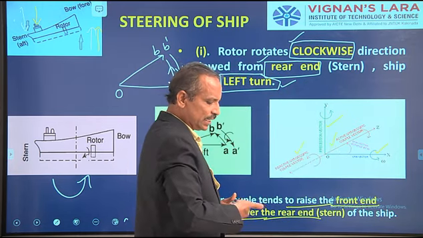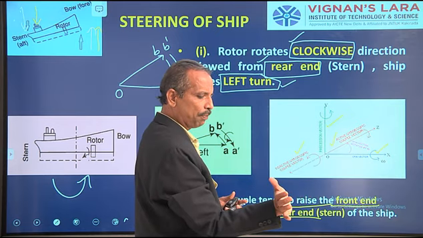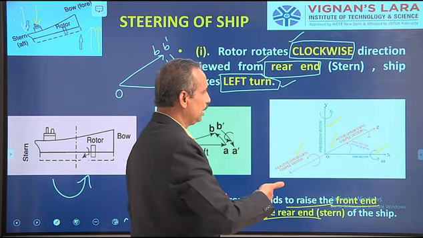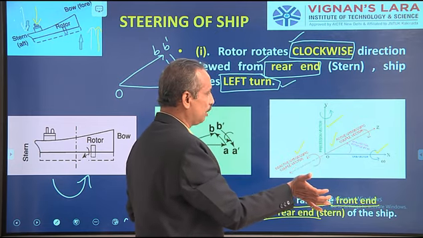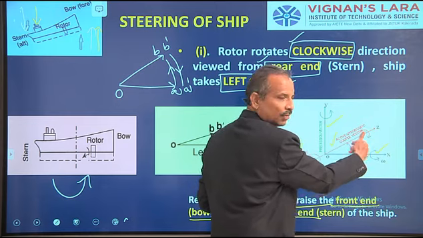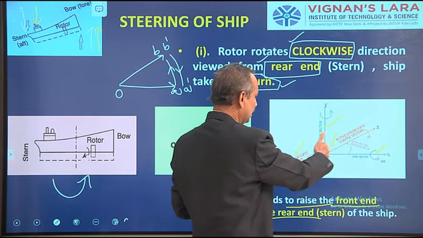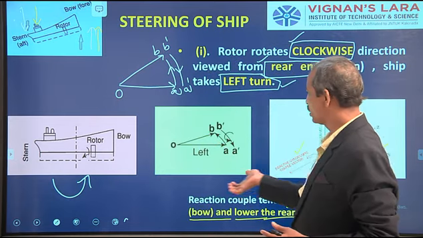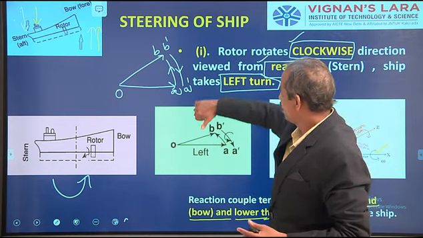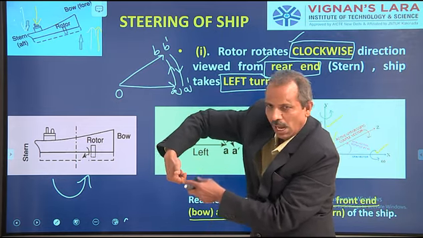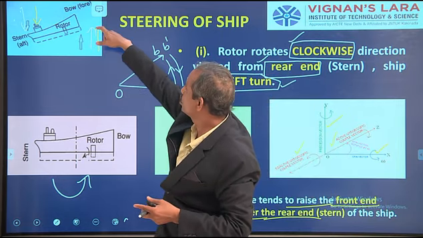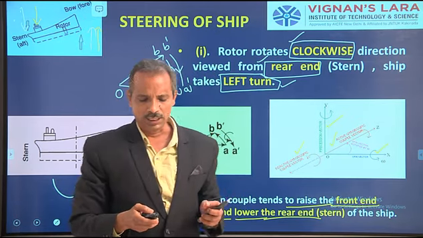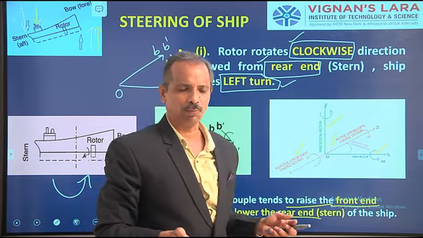So with the spin axis like this, I apply a force like this, then this is the precession axis, and this will be the active gyroscopic couple which I am applying. Then the reactive couple is in the opposite direction. That is nothing but the reactive gyroscopic couple in the anti-clockwise direction, which moves the ship front portion up and the rear portion down. That is part A of the problem.